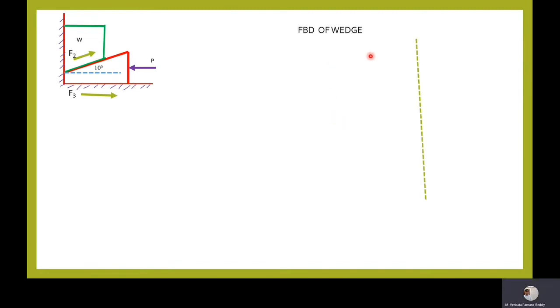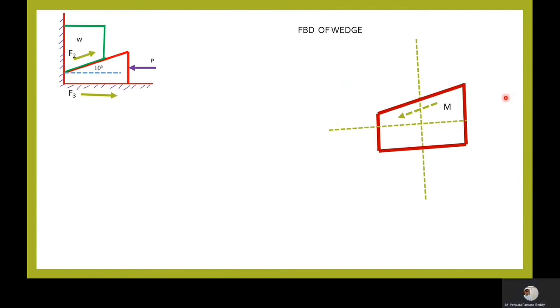Now we'll draw the FBD of the wedge. This FBD indicates active as well as reactive forces. This is the wedge. As the wedge is moving in this direction, friction force acts in the opposite direction.